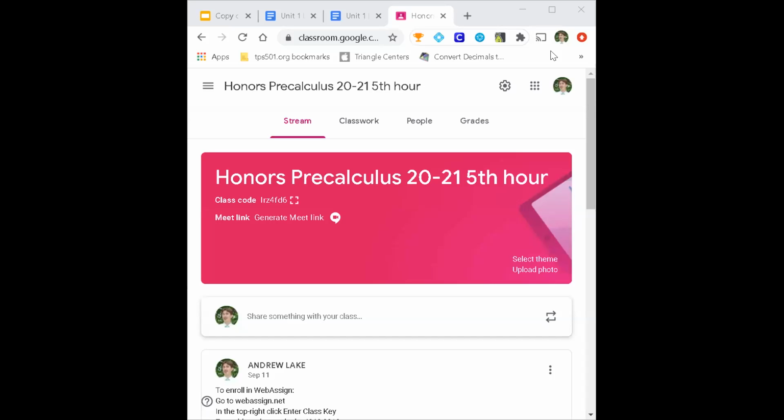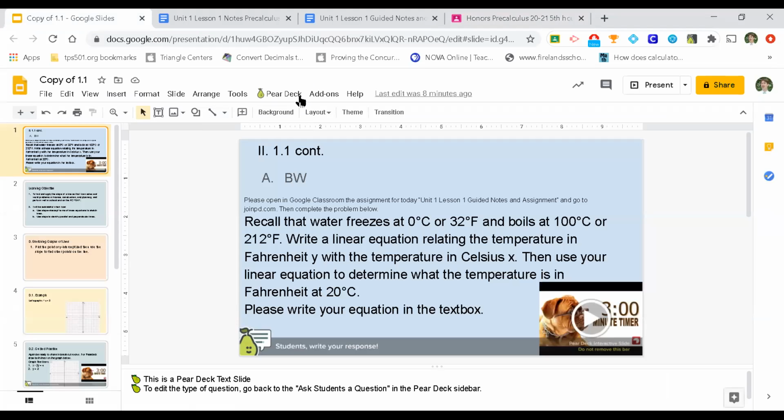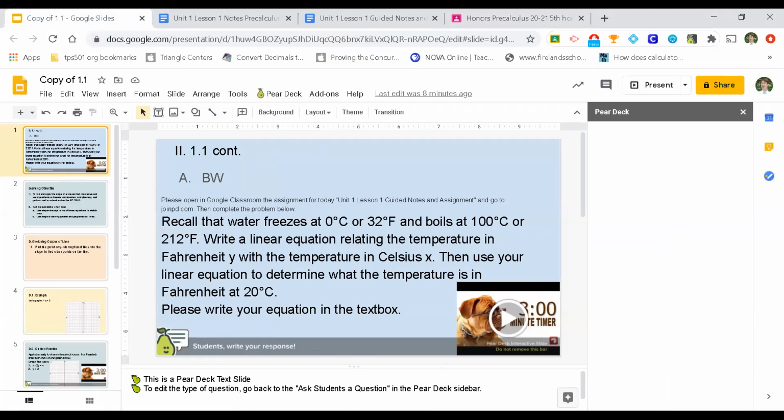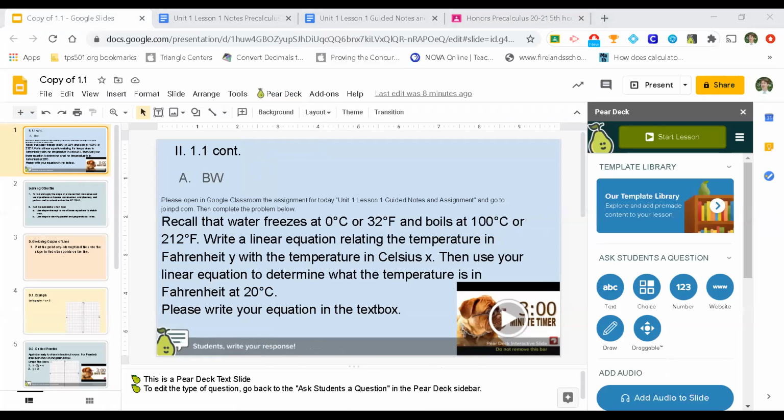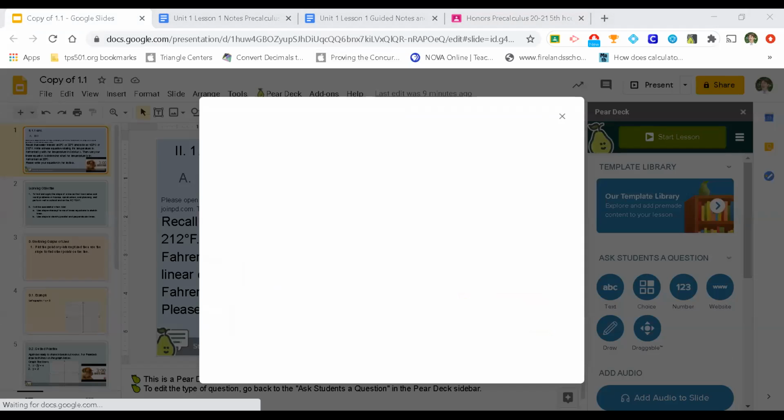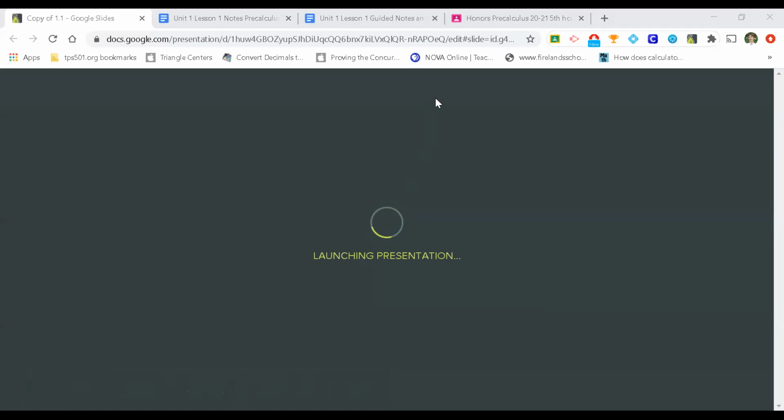So today we're going to finish up 1.1. You should have, go to joinpd.com. And then the code should appear on the shared screen.